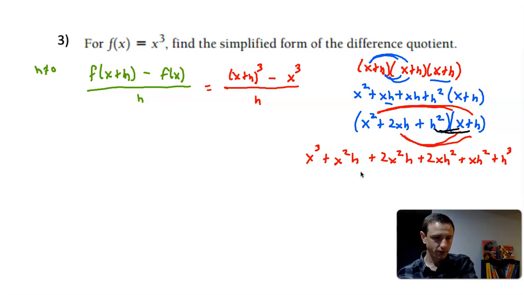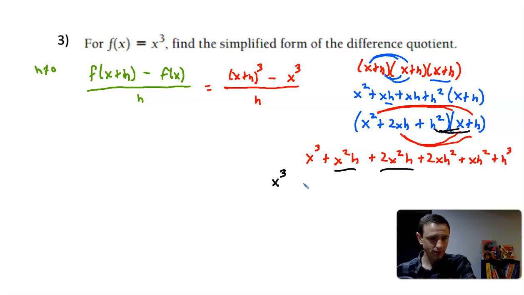Now we have to do some combining of the like terms. I have x to the third, nothing's going to combine with that, so I'm going to have x to the third here. I do have an x squared h. You've got to be careful with the exponents here. Make sure you're not just glancing and grabbing the wrong like terms. For example, x squared h is not a like term with xh squared. The x has to be the squared term. So x squared h and 2x squared h are like terms.